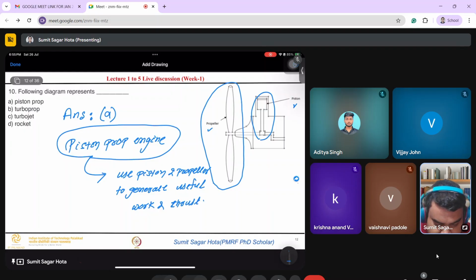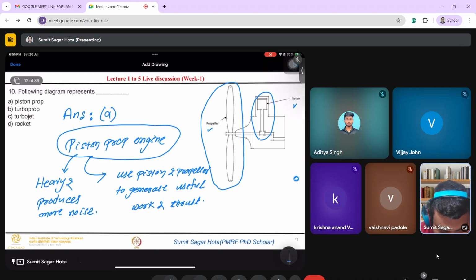What are the disadvantages of it? It is heavy because of the piston, and the piston also produces more noise.